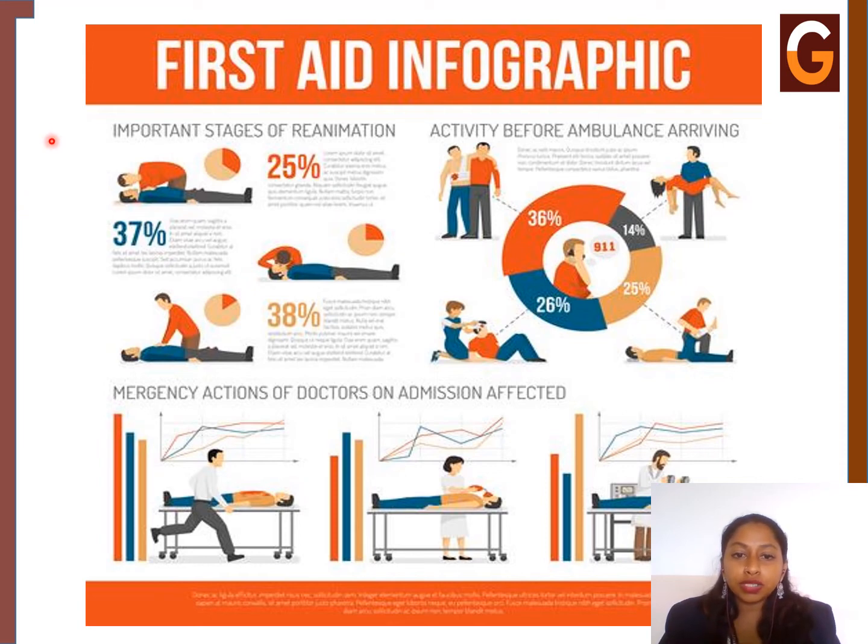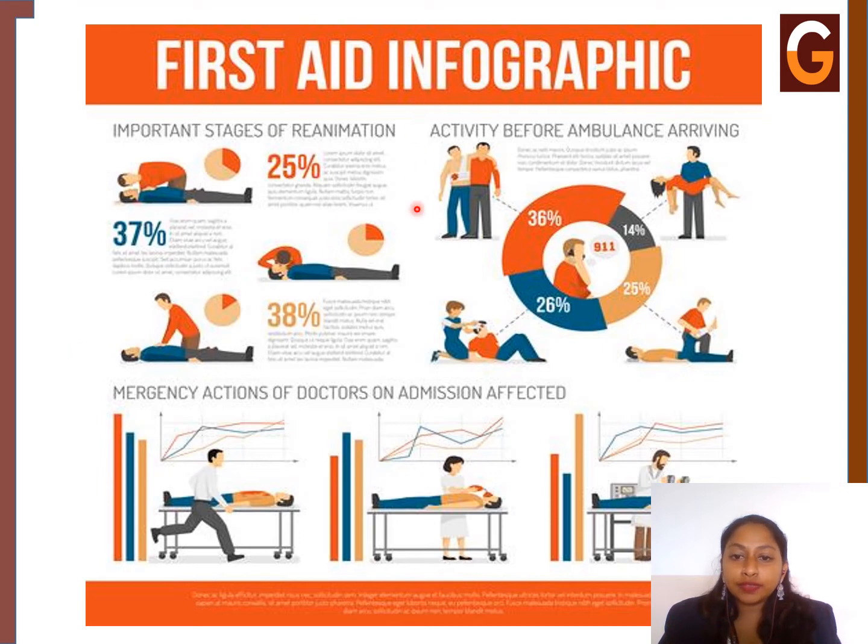The first is the animation where the first aider realizes that the victim is not able to breathe, or the airway is not clear, or the breathing is not clear and the pulse is also weak. So they start with chest compression, the CPR, as well as mouth-to-mouth breathing. These are the first aid steps in this situation where the ABC are not valid, and we are not getting confirmatory results from the ABC.